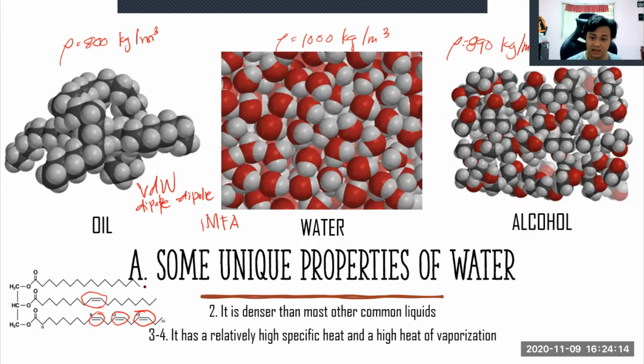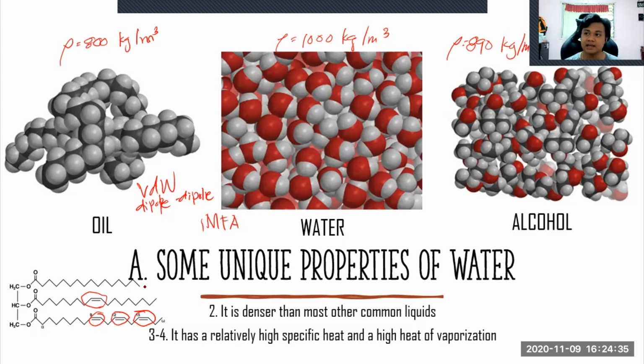And liquids like oil have a lesser IMFA because they can't stack together, right? It can't stack together, meaning it has a lower boiling point.